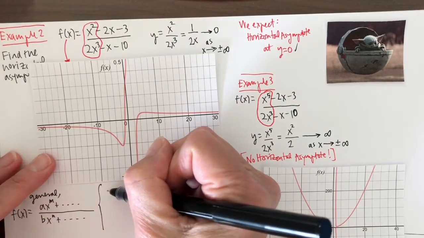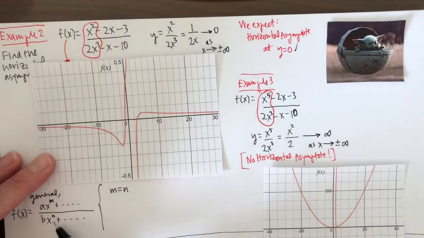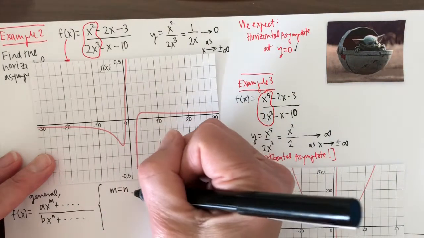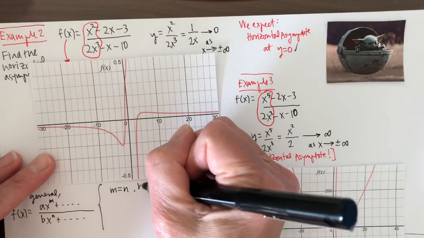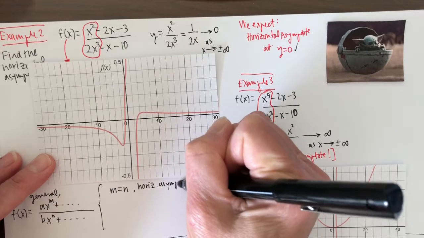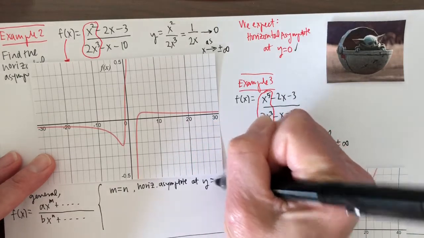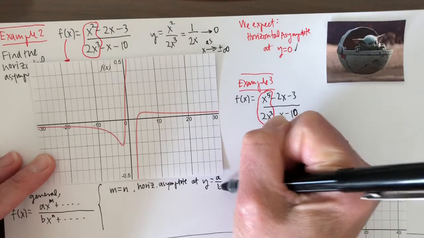If m equals n, if these powers are equal, this is what we saw in example 1, then the horizontal asymptote will be at y equals a over b.